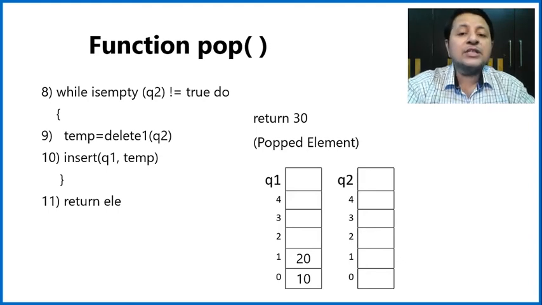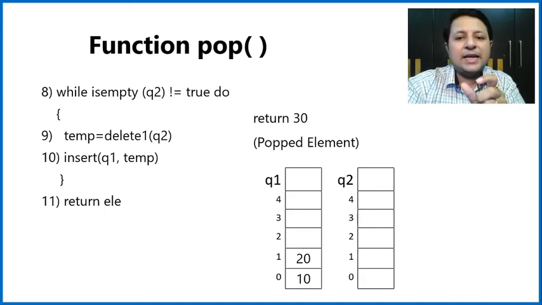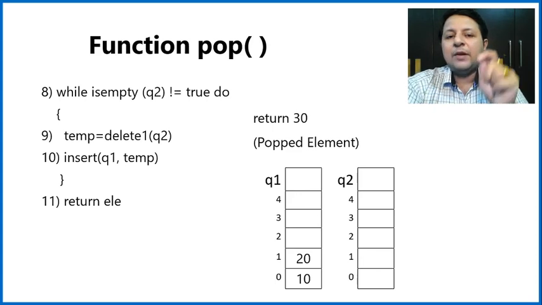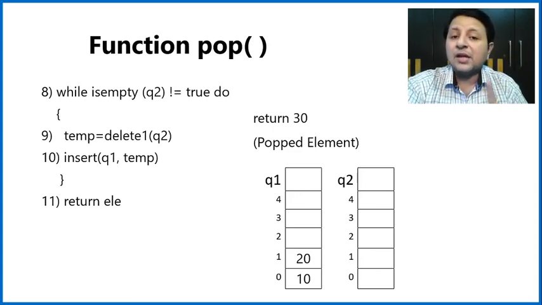Fine. Now let us think about stacktop. If you have understood pop well, stacktop is going to do exactly the same, except when we just kept that last element temp in ELE, and then we started putting elements from Q2 back in Q1. The only change we will have in stacktop is, after we delete the last element, we break, and when we store that element in ELE, we will also be inserting that element in Q2, because remember, in stacktop we don't want the element to get popped.